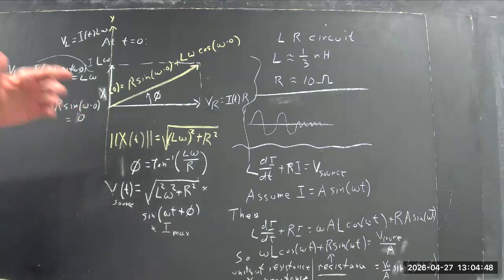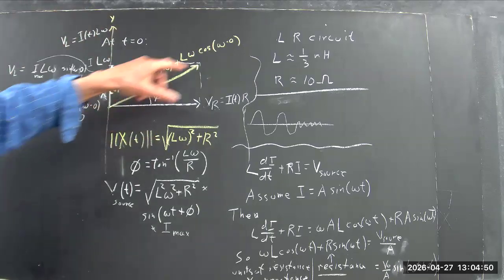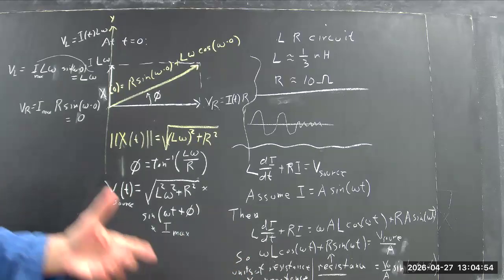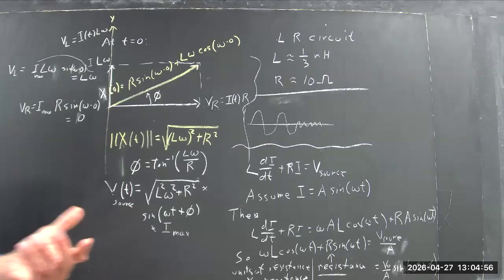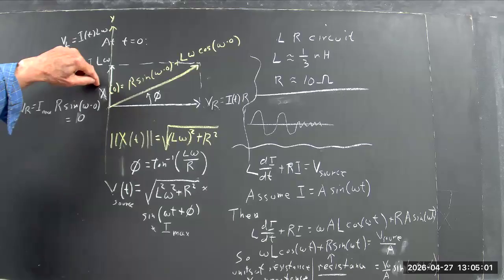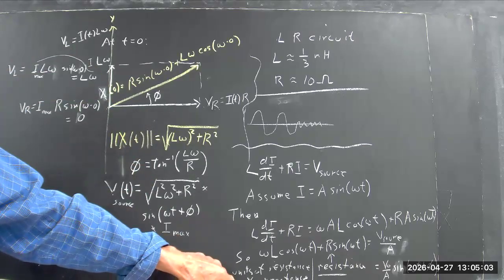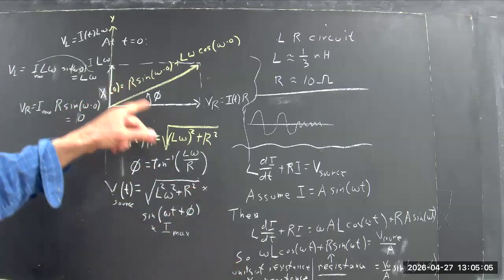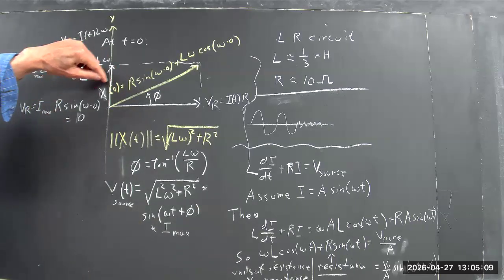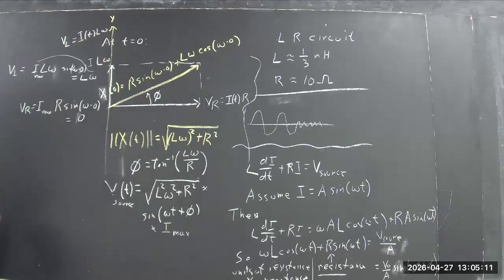So now, same picture, same hypotenuse. It's just what do we call this thing? And I'm using Q when I'm really wanting to use reactance. I used X here, right? I couldn't think of what letter to use here. I'm sorry. This is reactance, and this is reactance at time zero.